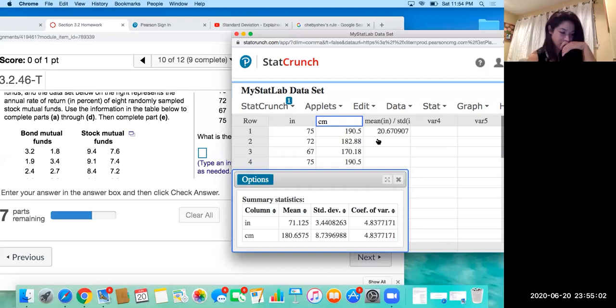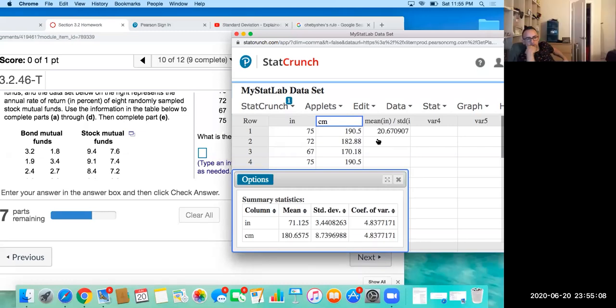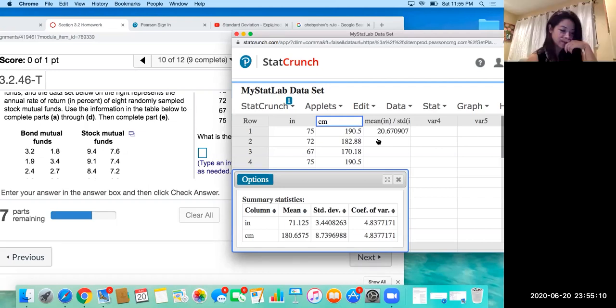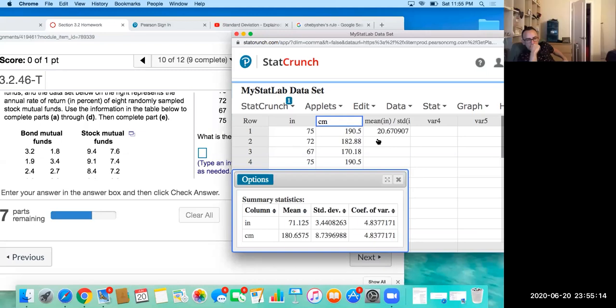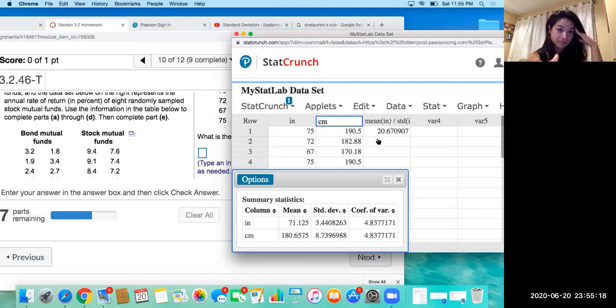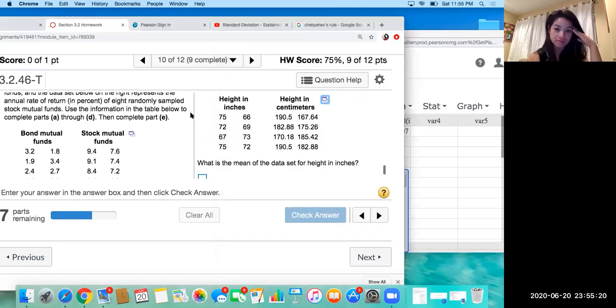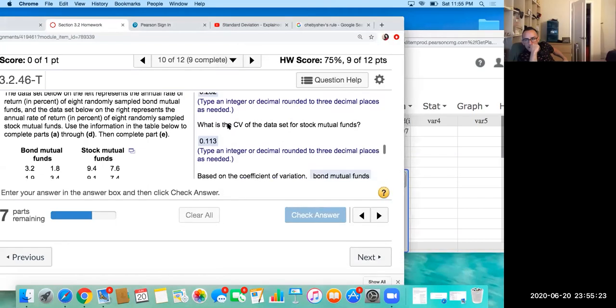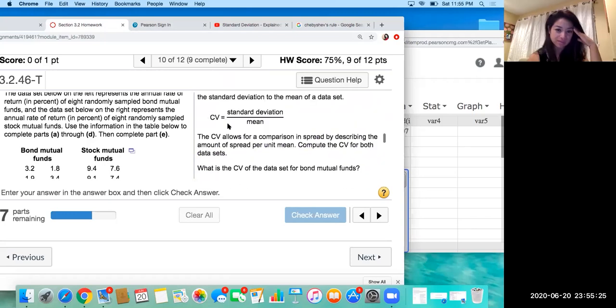Why do I have, in order to get this CV, standard deviation over mean? No. Mean over standard deviation. Why do I have it? That's how I have it in here. I wrote it down like I copied it from whatever I saw here. Maybe you just copied it wrong. Scroll up right there. Look.